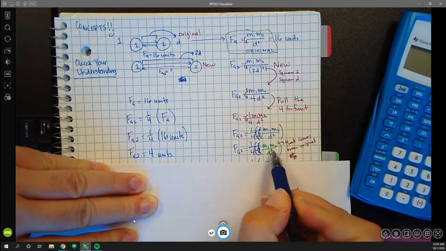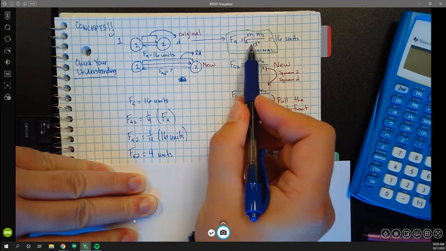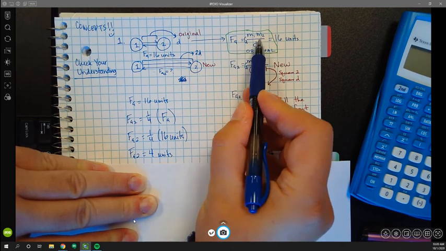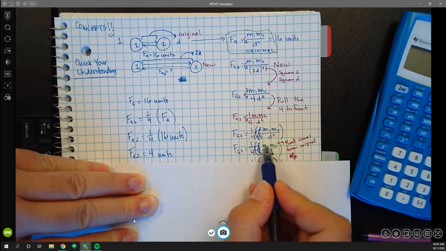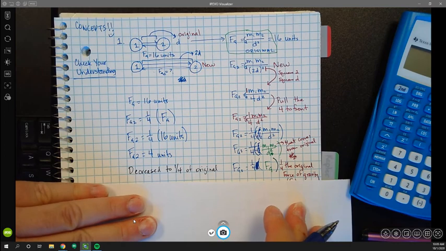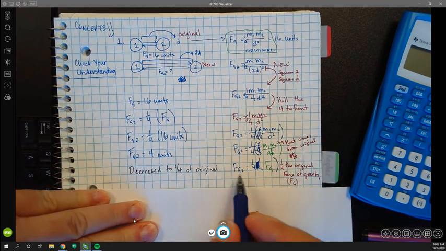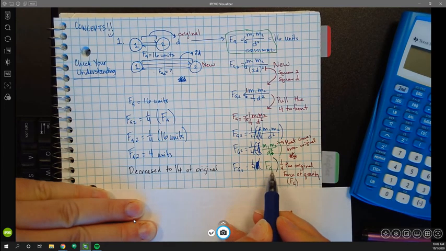This is the same thing as this original force of gravity. Since they're equal, we can substitute in. All three of these things are equal. Any one of those three things could be substituted in right here where it's green. So I'm going to say that my new force of gravity is equal to 1/4 of my old force of gravity.